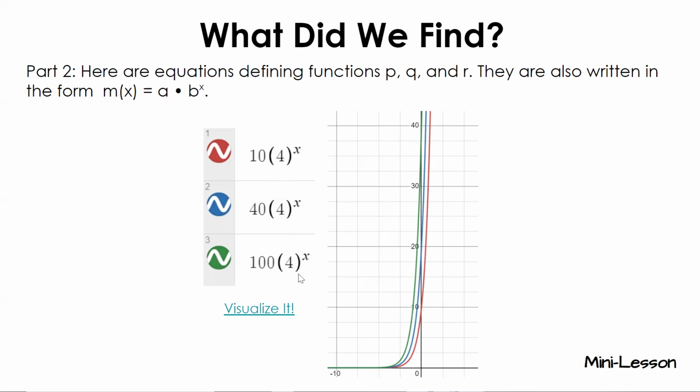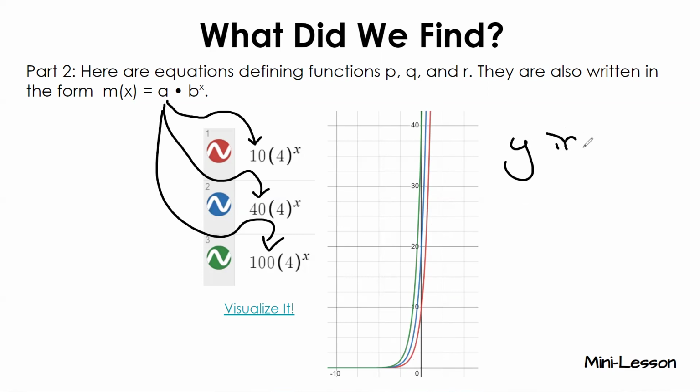Okay, so looking at these, what's different on these? The initial value, right? Okay, so with that being said, they're all kind of going at the same rate, but they're just crossing the y-axis differently, right?